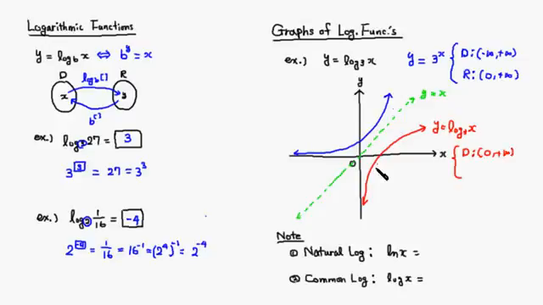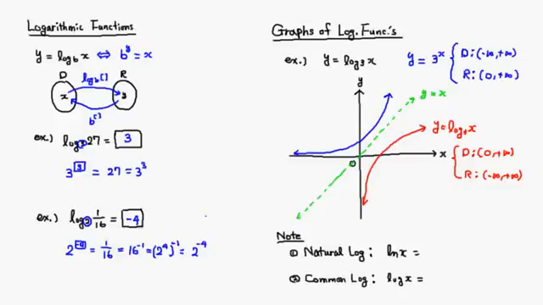You can see that from the graph: it is only on the right-hand side of the y-axis, which is positive x values. The range is all real numbers, because the domain of its inverse is all real numbers. So you can see that domain and range are switched around since we're talking about an inverse function.